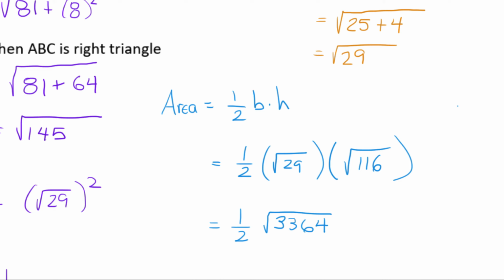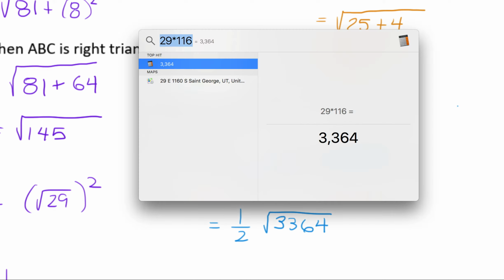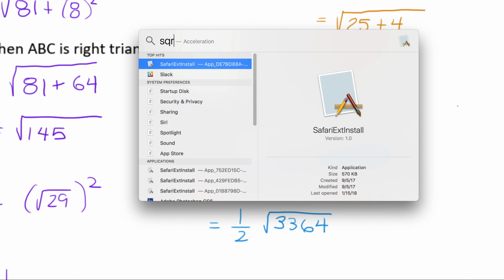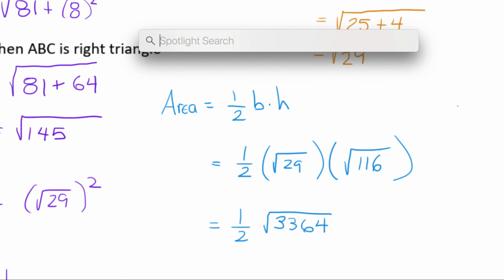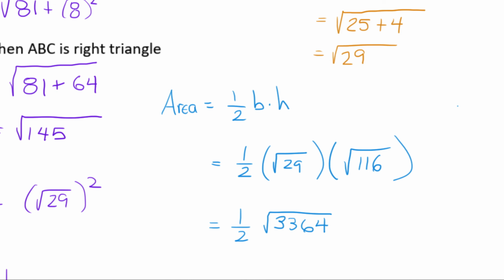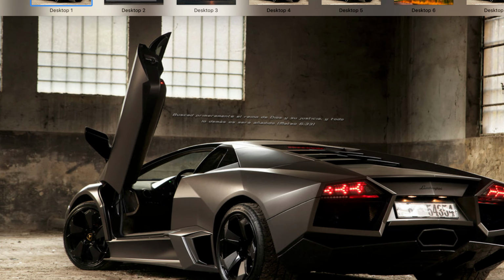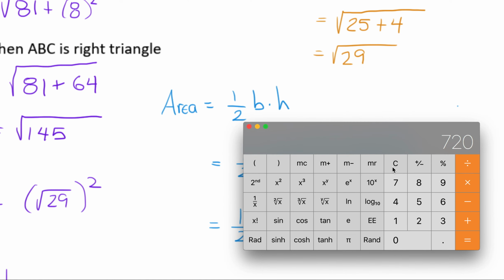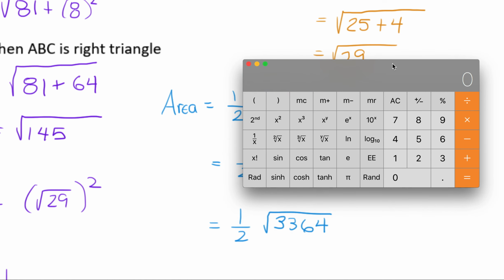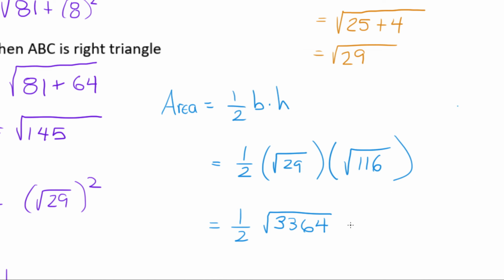Okay, and just out of curiosity, let's see if it's a perfect square. So square root, let me take out the calculator. Oops. Let's go back here. So 3,364 square root. Yep, it's a perfect square. It equals 58.